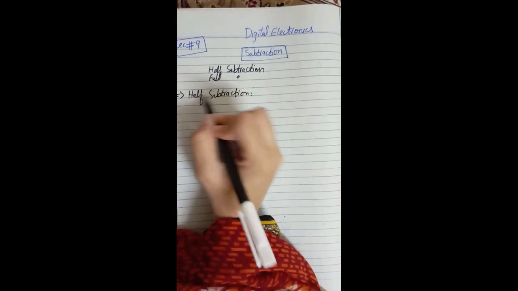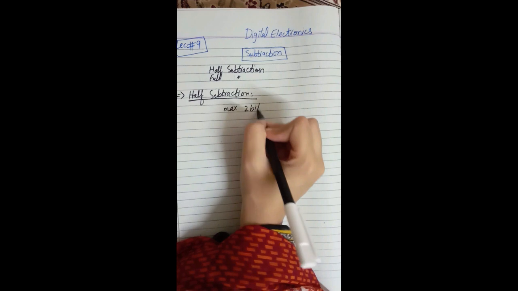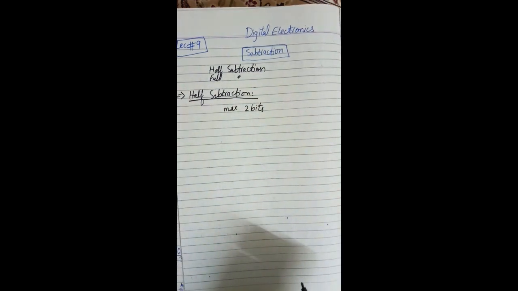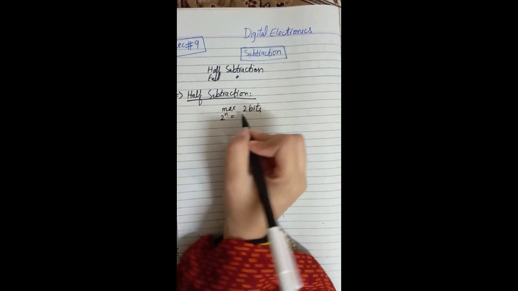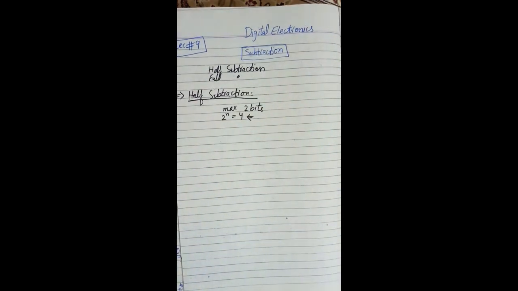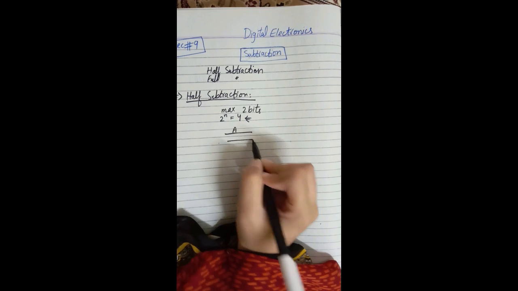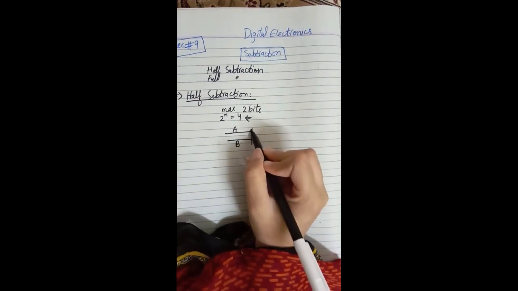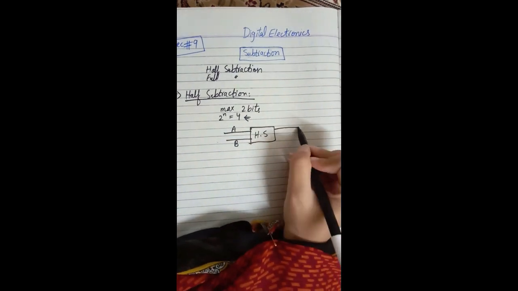In this we have maximum 2 bits, and the possible combinations we can have is 2 raised to power n, which is equal to 4. These are our total possible combinations. So basically we can make its diagram as the first input A, the second input B, the half subtraction as we made for the adder, the same is for subtraction.